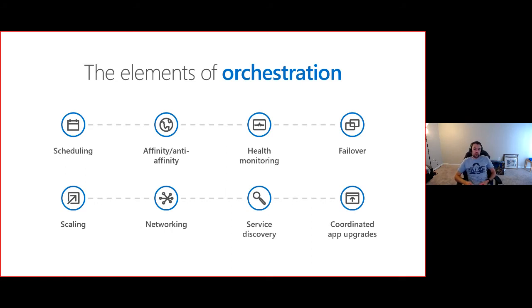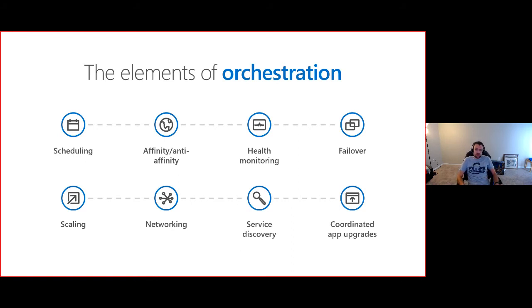Orchestrators can also help with health monitoring of the nodes and the containers running on those hosts, as well as doing some sort of automatic failover in terms of health events. An orchestrator, such as Kubernetes, also helps with scaling and potentially doing auto-scaling.